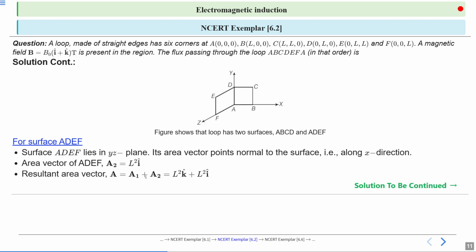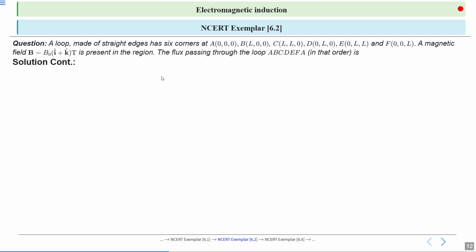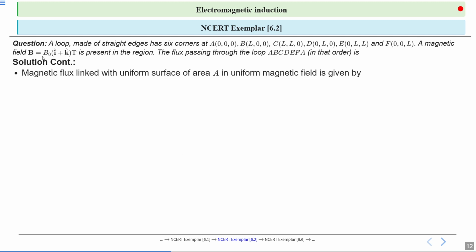Okay, so we will write A equal to L square. We can take L square common, but direction will be I cap plus K cap. We cannot add up the direction. So I cap plus K cap will remain as it is. So this is the vector algebra. Now you can see the magnetic field B equal to B naught I cap plus K cap.